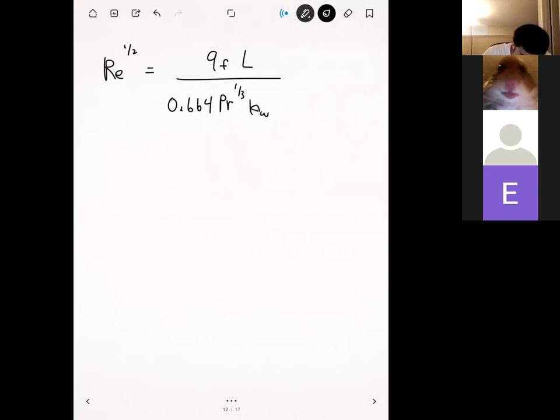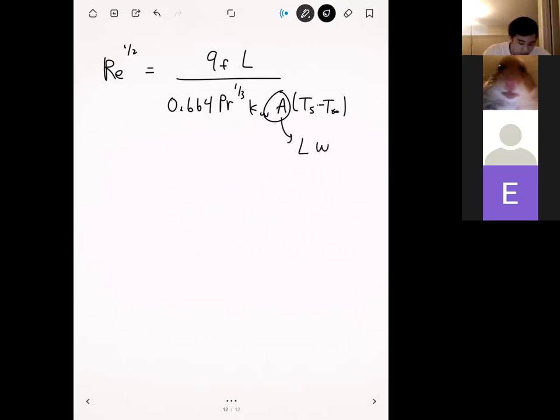And then what we get is Reynolds number to the 1/2 is equal to QF times L divided by 0.664 times Prandtl number to the 1/3 times KF times area times Ts minus T infinity. Okay. Where area here, we're just going to plug in the product of the length and the width, both of which are given to us in the problem.